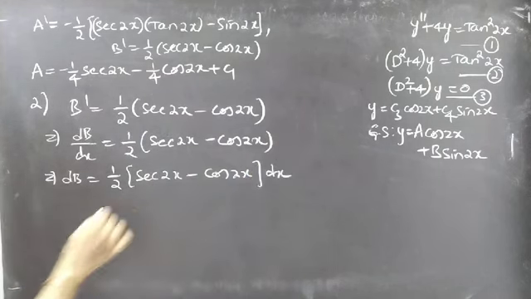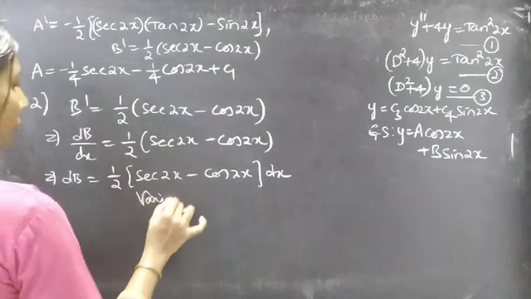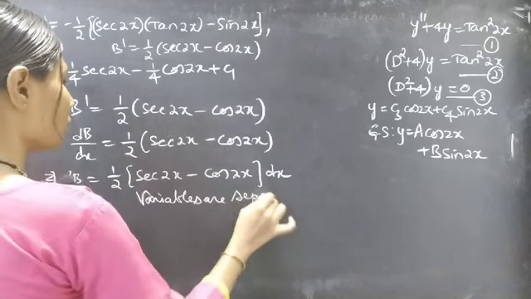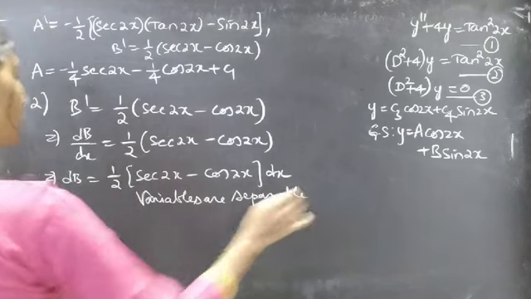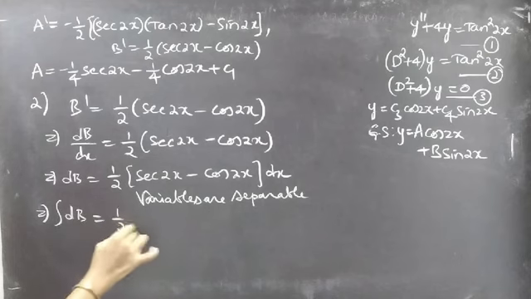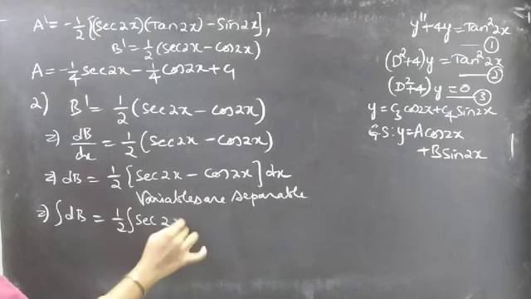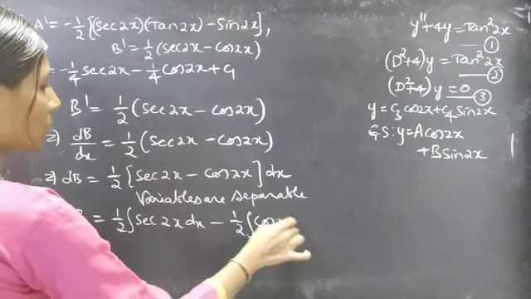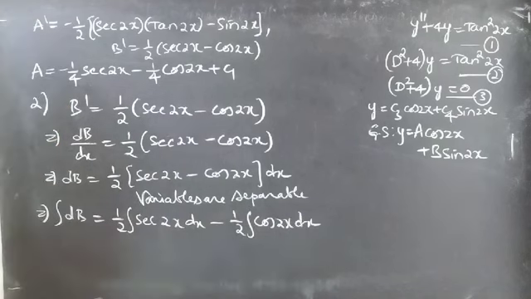Here the variables are separable, so we can perform integration. Integral db equal to 1 by 2 integral secant 2x dx minus 1 by 2 integral cos 2x dx. Right?